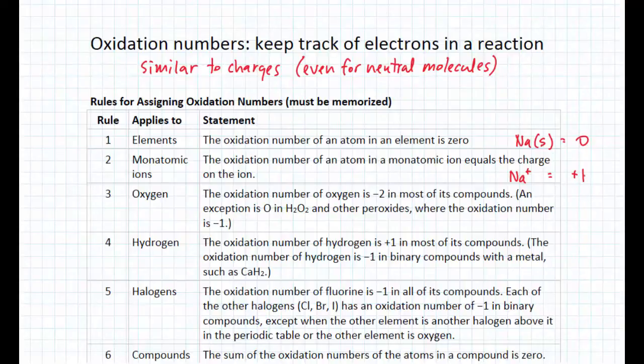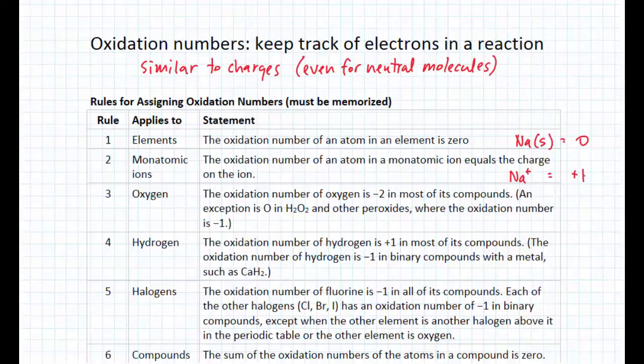Okay? So oxygen is usually -2, just like oxygen's charge. A couple of exceptions there that you should look through that you may run into from time to time. Pretty much you can assume oxygen is -2 when it's in a compound, but when oxygen is an element, it's 0, just like every element.